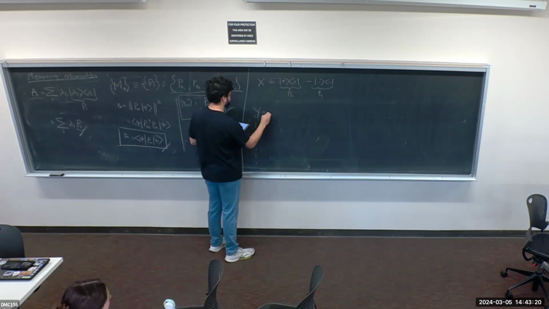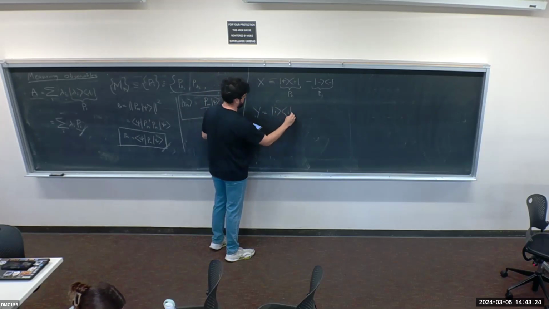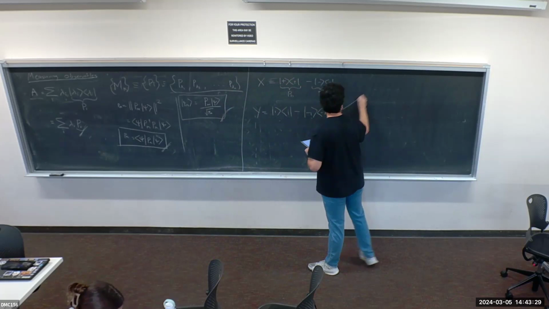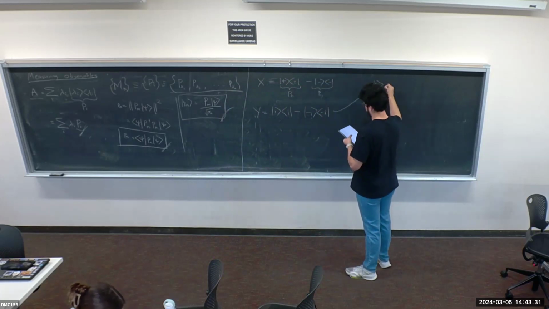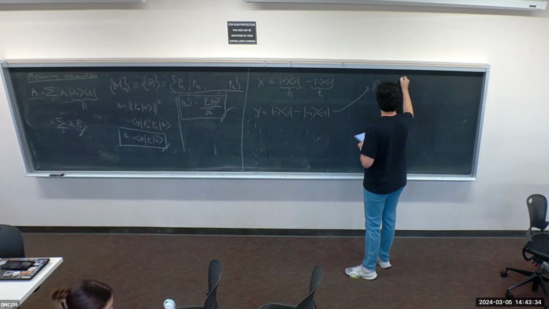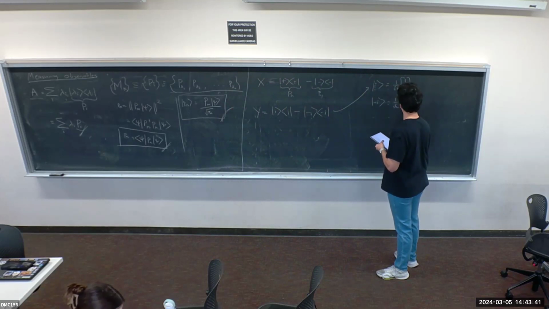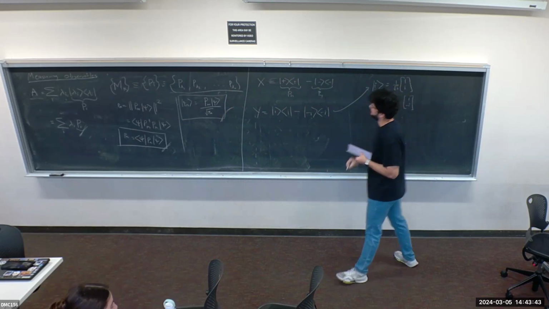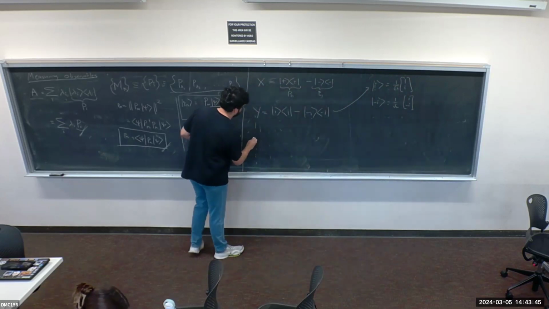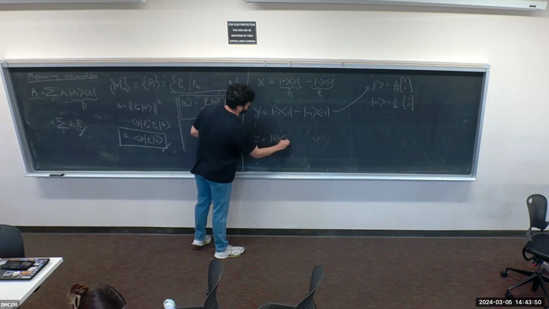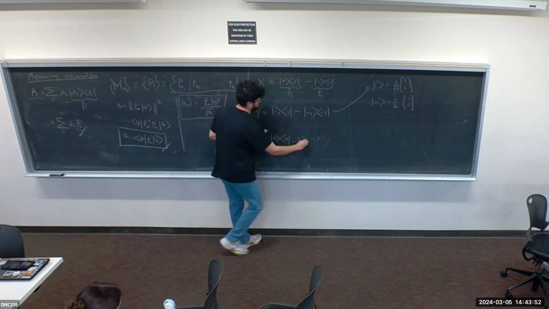Similarly for Y, you can write it as i i minus i minus i, where the state i is 1 over square root 2 of 1, i, and the minus i state is 1 over square root 2 of 1, minus i. And the spectral decomposition of operator Z is 0 0 minus 1 1.